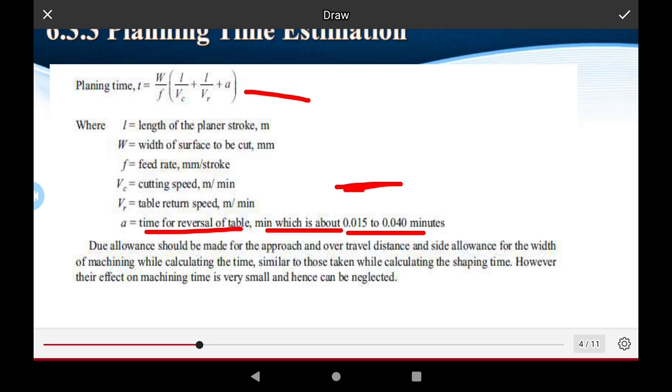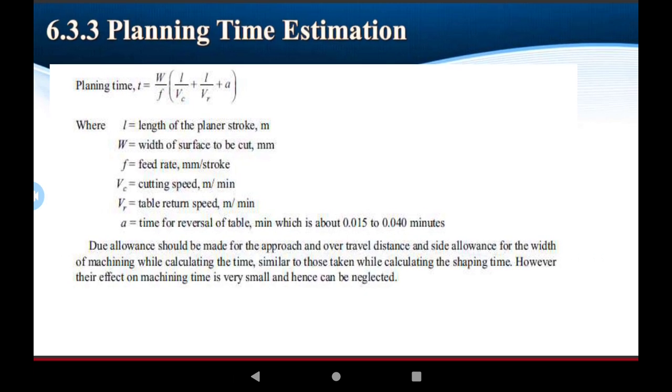However, the effect on machining time is very small, and hence it can be neglected. The planing time estimate uses this formula, which is a very standard one.